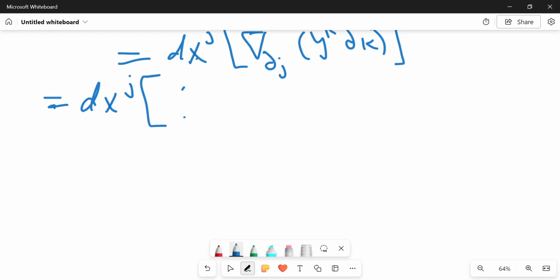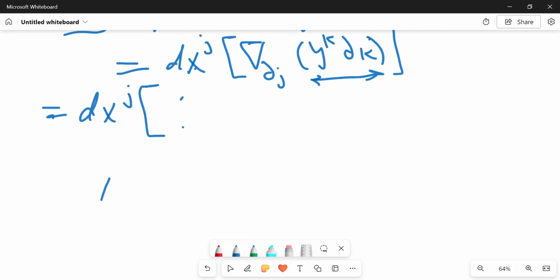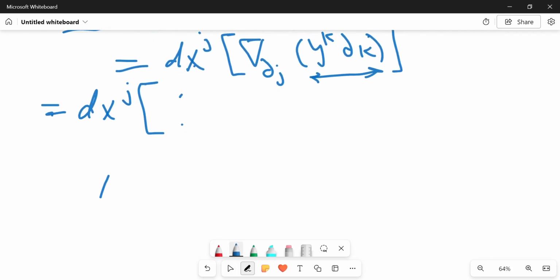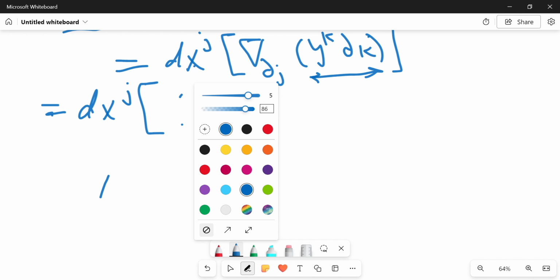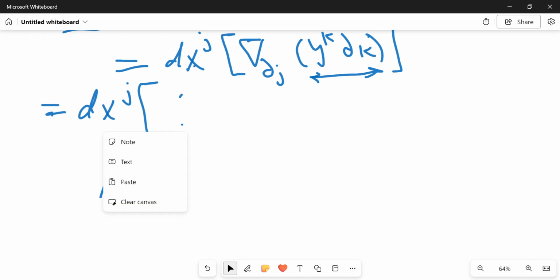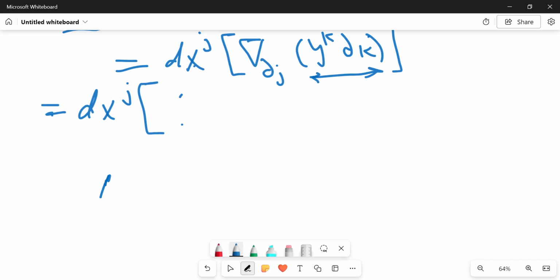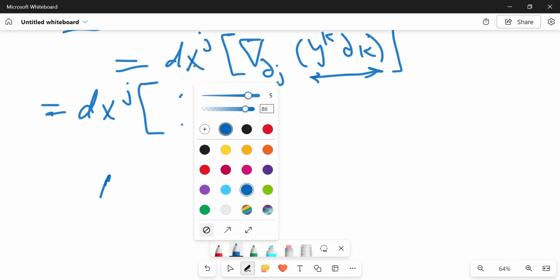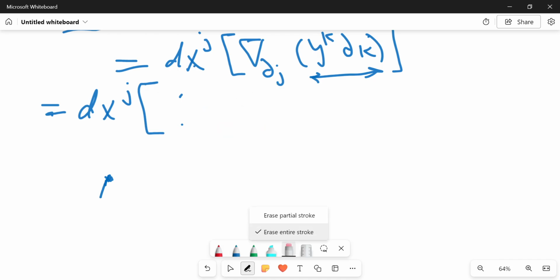Now we will apply the Leibniz rule. We have multiplication of two terms.